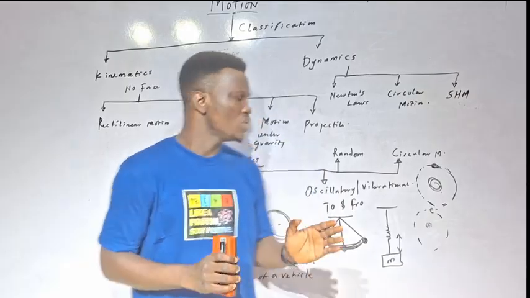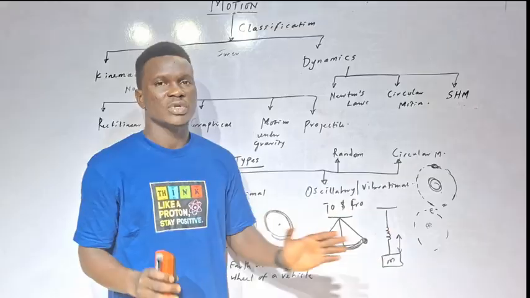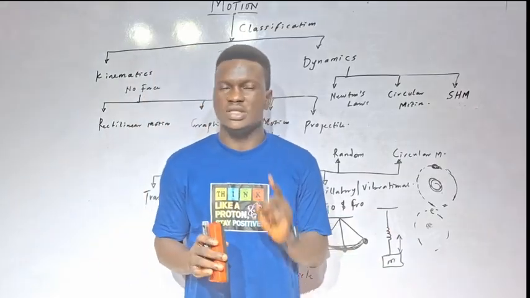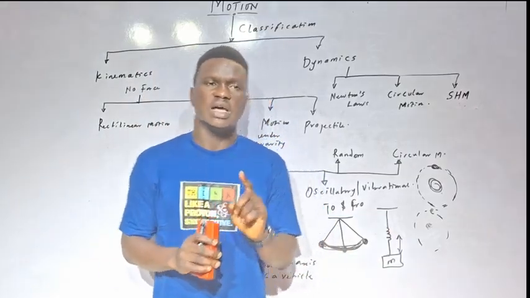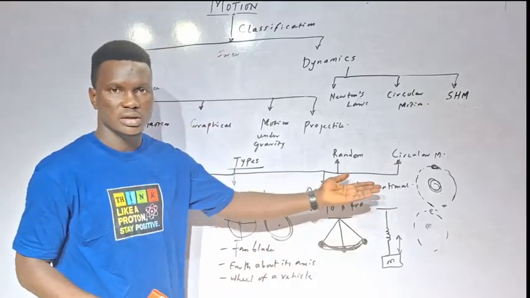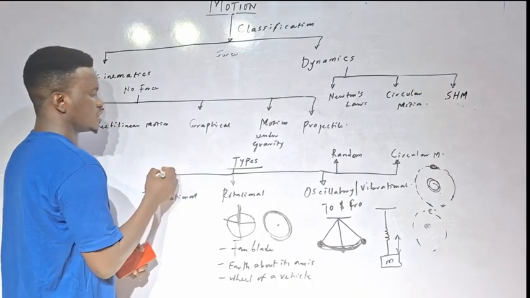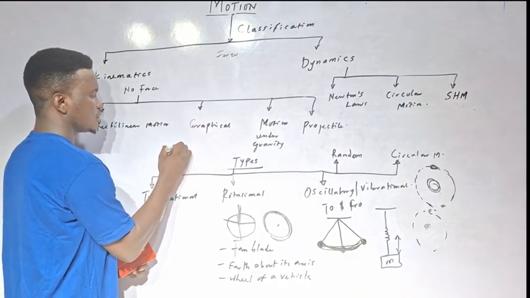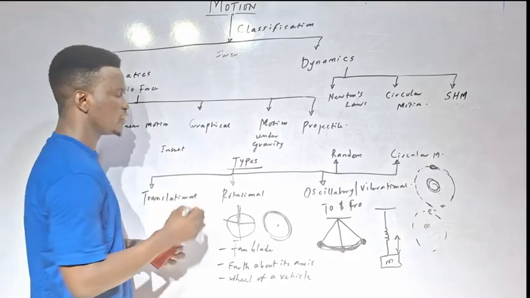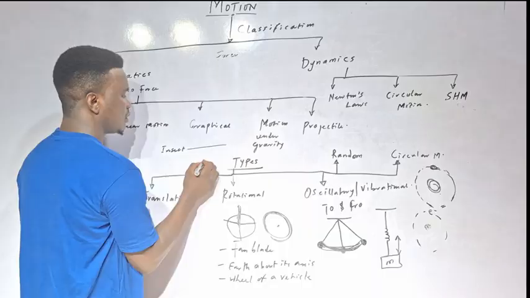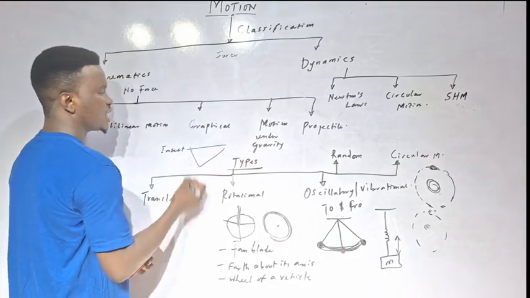Now, knowing these types of motion, the next thing you want to know is that you have to be careful. Sometimes these motions can be combined. Imagine an insect moving from one flower to another flower to another flower randomly.